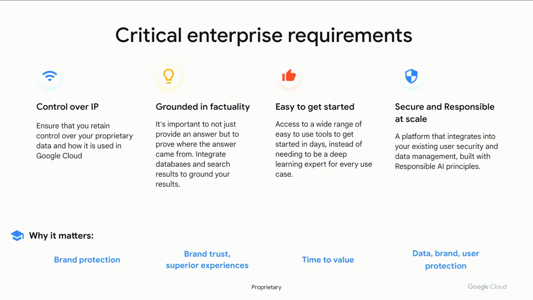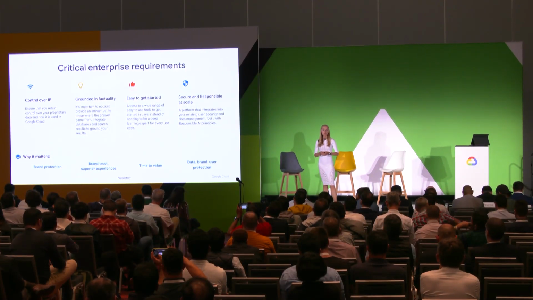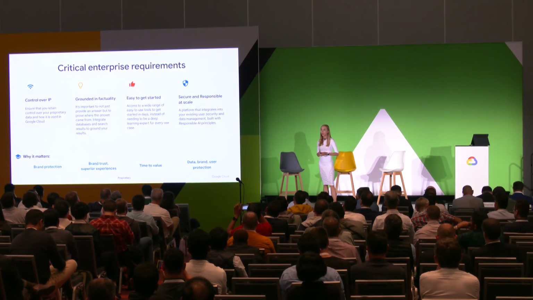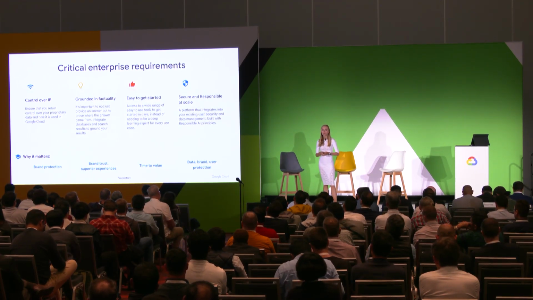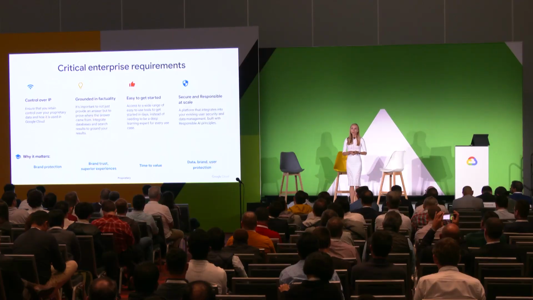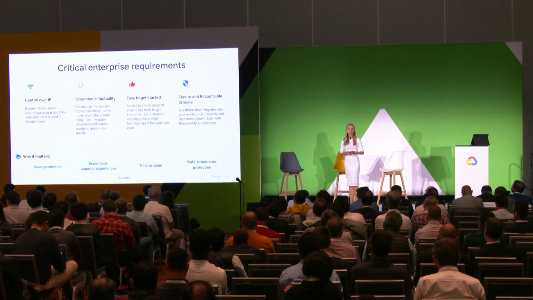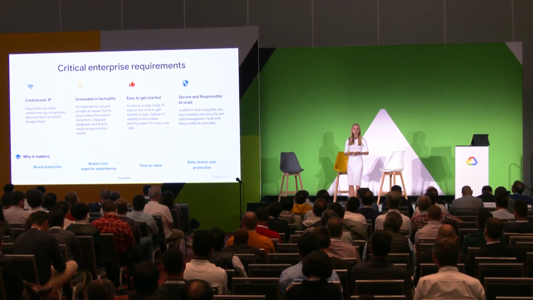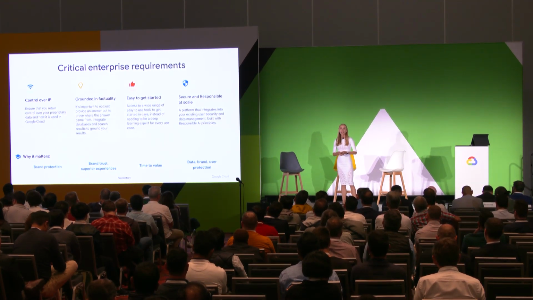Grounding and avoiding hallucinations is of importance. That might cost the reputation of the organization if that's not adhered to. And we are providing those grounding capabilities on your corpus of the data. The other aspect is easy access to responsible AI tooling, and I will talk briefly about it later.